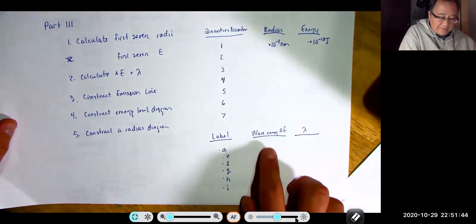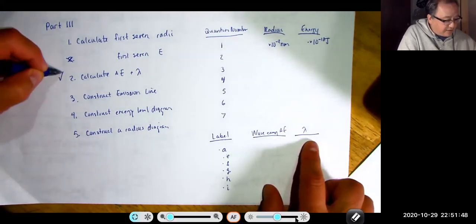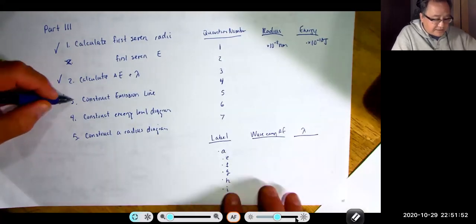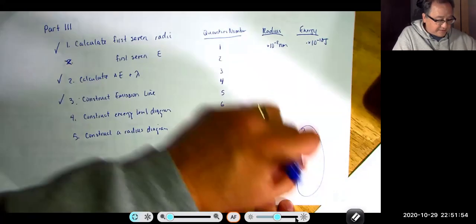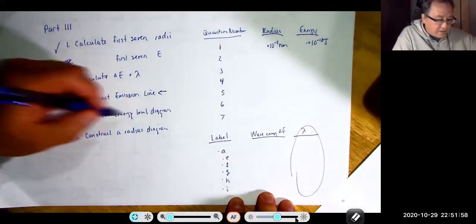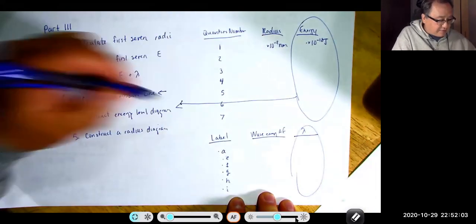So I've just shown you how to calculate the wave energy, and how to calculate the wavelength. Now, for the emission line spectrum, you're going to take these wavelengths and make the emission line spectrum. For the energy level diagram, you're going to take these energies and construct the energy level diagram.